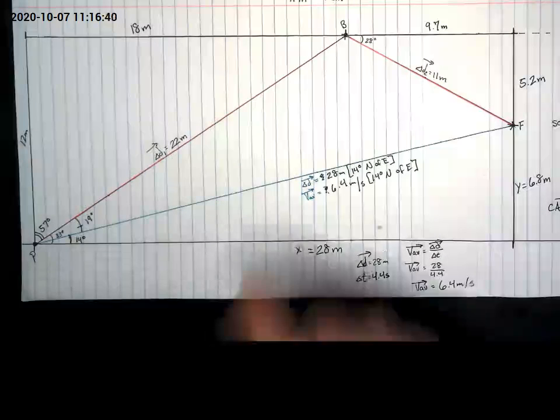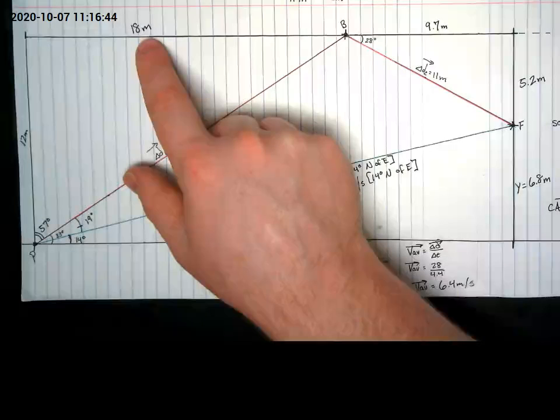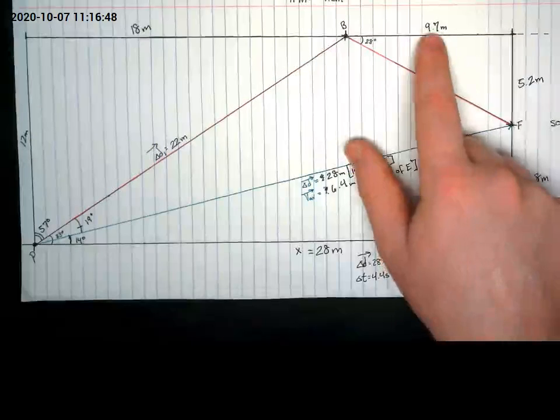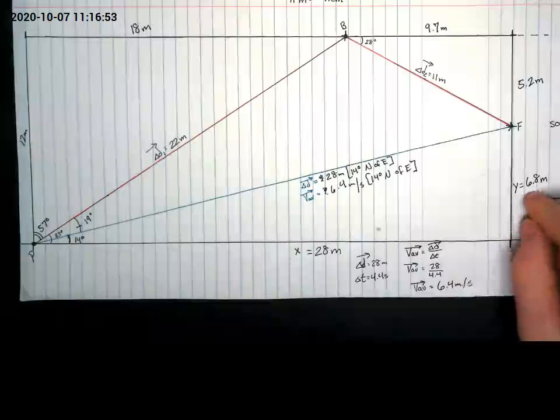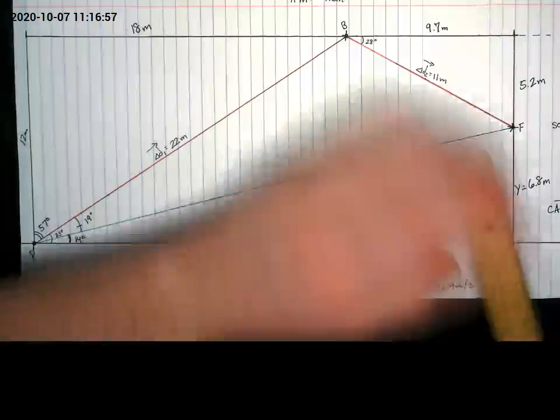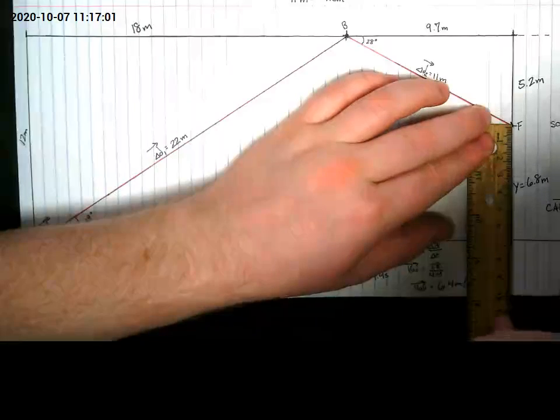sig figs. Because this guy should arguably not be 18. It should be like 18 point, I think, like 4. The 9.7, that should be 9.7. 5.2 should be that. The 6.8 arguably should be more like 7 even. And we can double check that. No, that's actually, never mind.